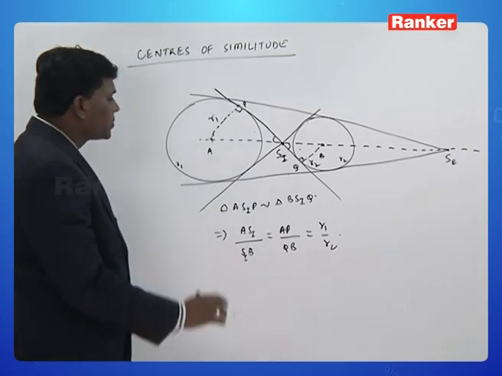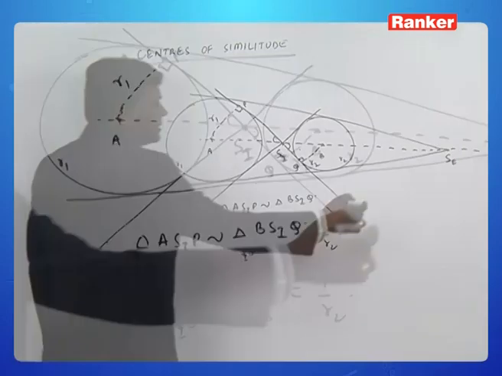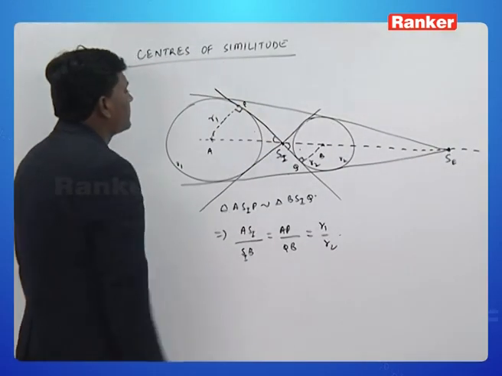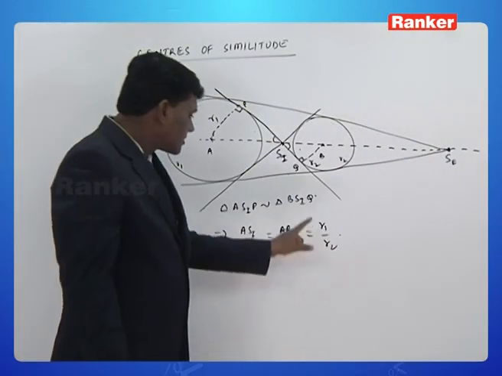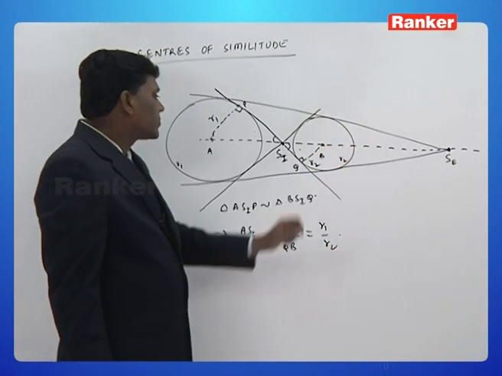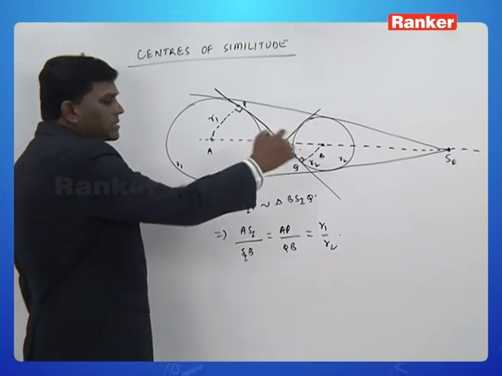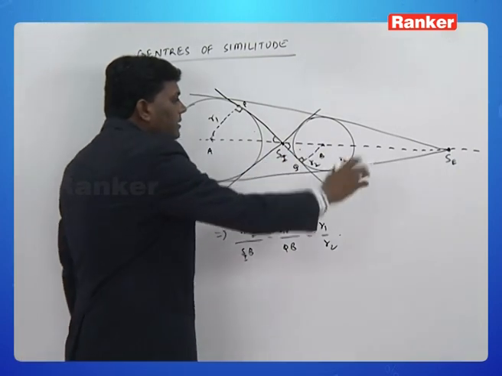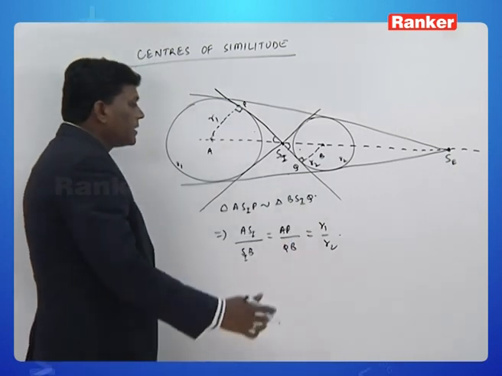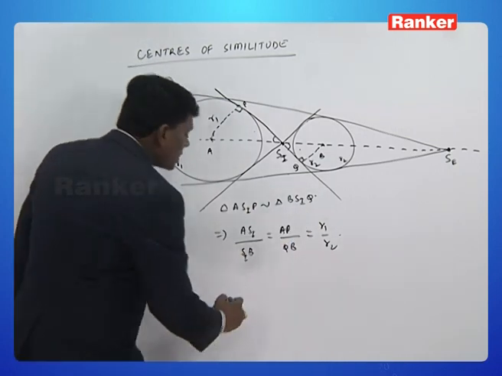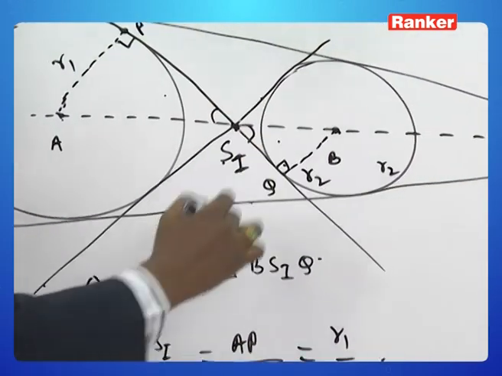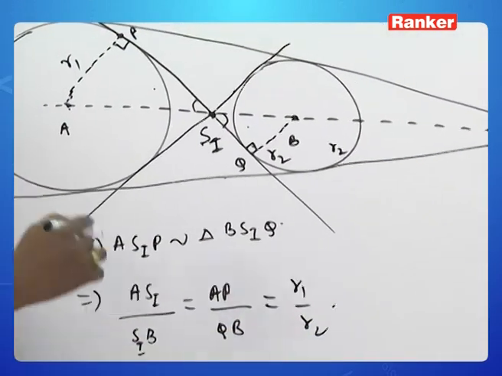We can also show very comfortably that this external center of similitude also divides A and B in the same ratio R1 is to R2 but externally. That is why SI and SE both divide AB in the same ratio, internally and externally. We can recollect the word here, harmonic conjugates. SI and SE both divide AB in the same ratio internally and externally.